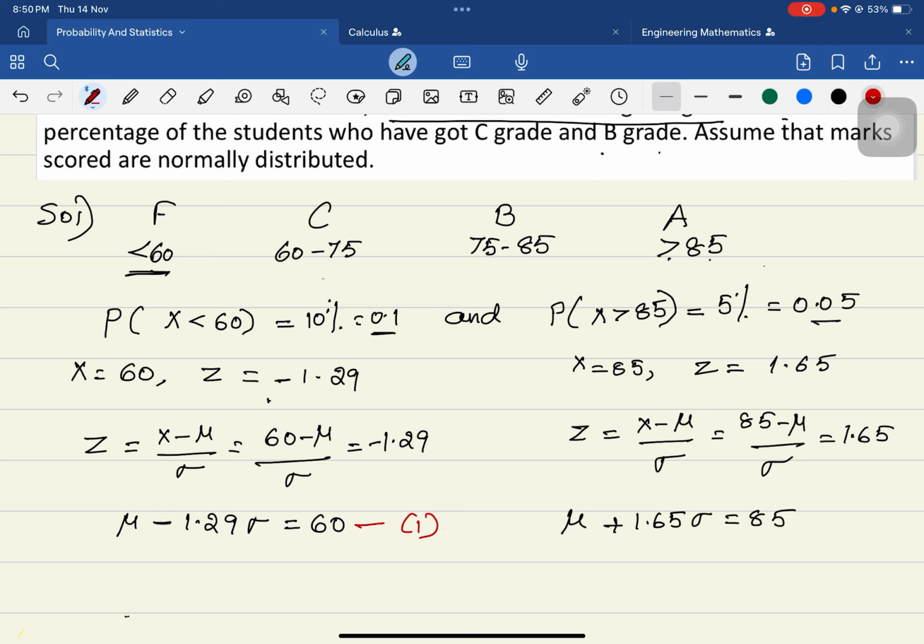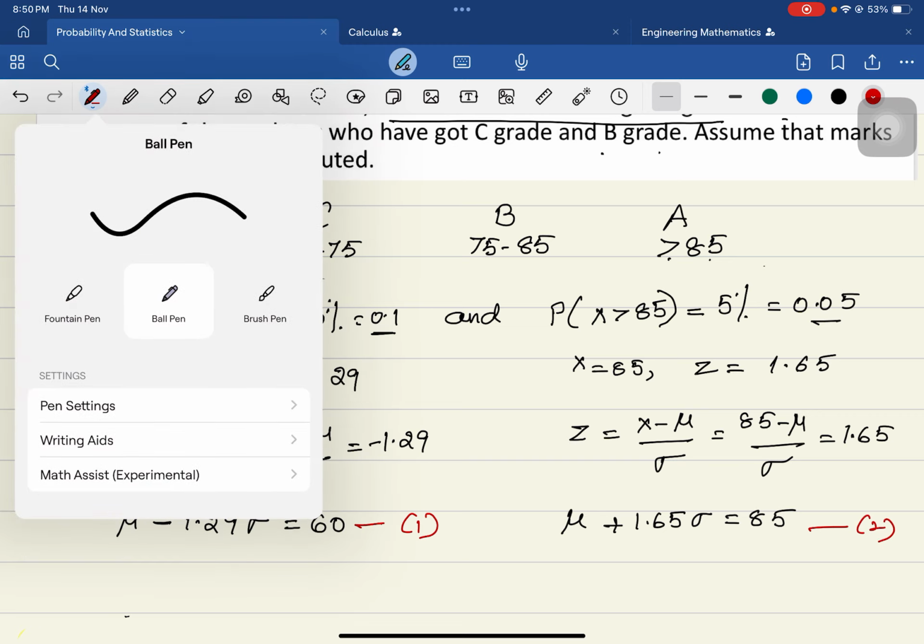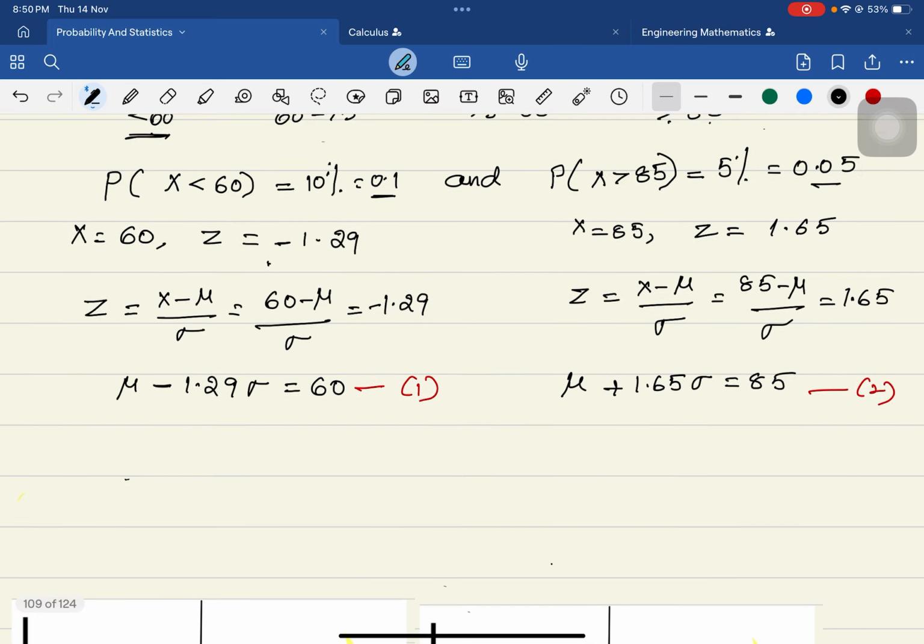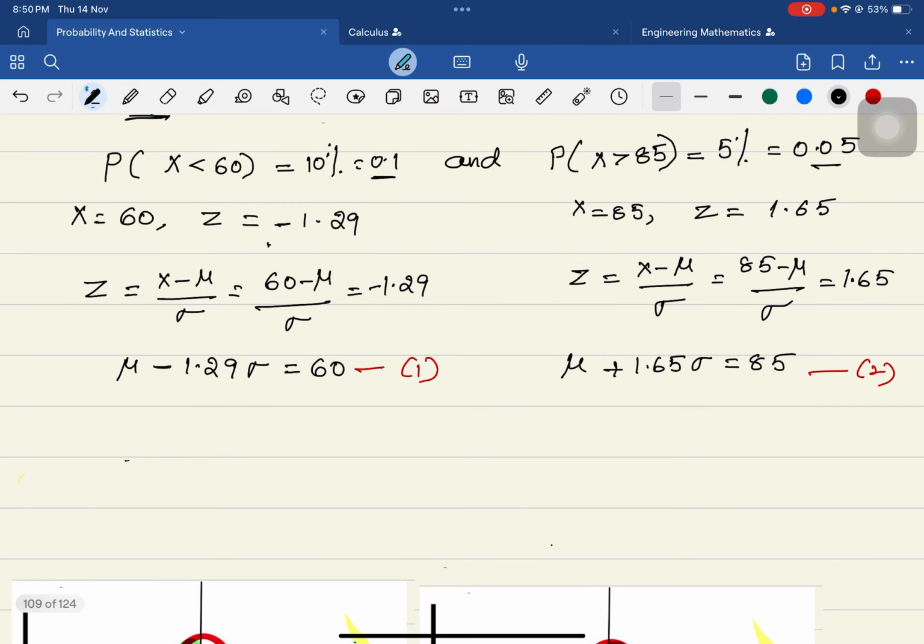Let us call this equation as 2. Now solving these two equations, you can use your calculator to find this by using the system of equations. We can get the values of mu and sigma by solving 1 and 2, and we have done it by using the calculator. You can get it.